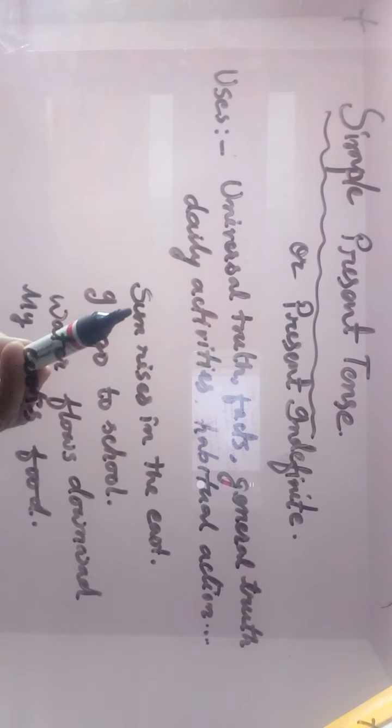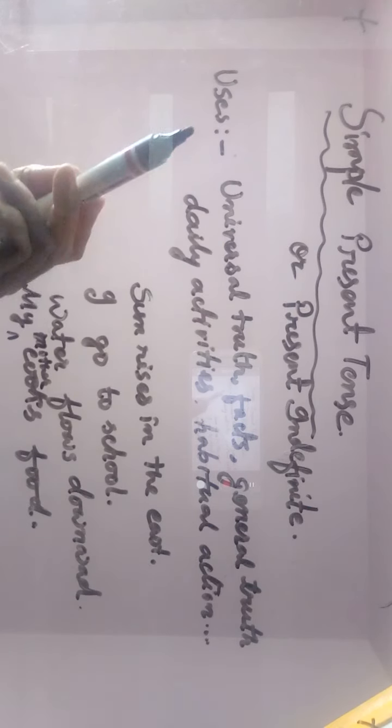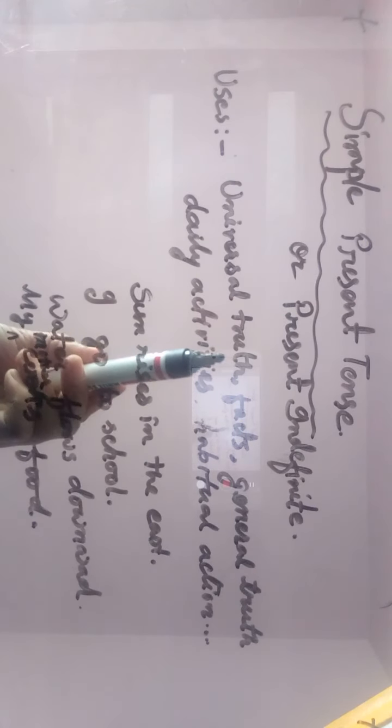Observe these sentences. Sun rises in the east. I go to school. Water flows downward. My mother cooks food. Here I have written "my"; it should be "my mother". Now we are talking about universal truth. Universal truth means which is always true.